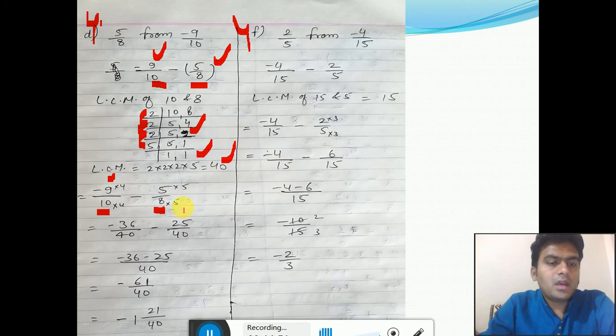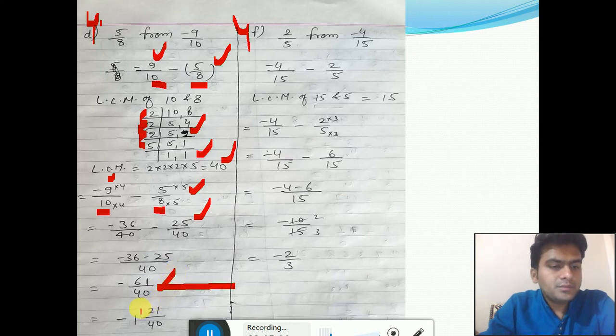If you are multiplying the denominator by 5, multiply the numerator also by 5. So 4 9s are 36 and 5 5s are 25. Now minus 36 minus 25. The sign of 36 is minus and the sign of 25 is also minus. So minus 36 minus 25 equals minus 61 upon 40.